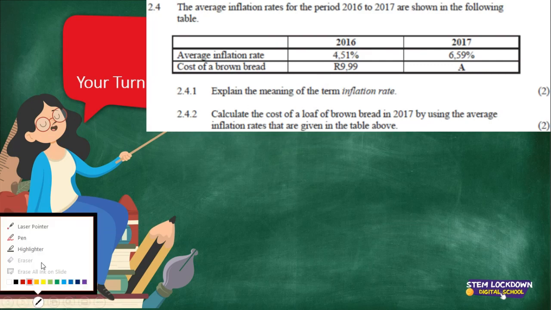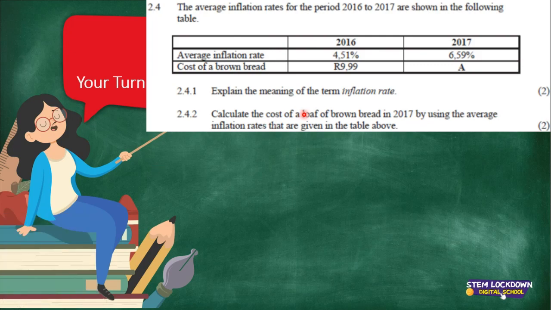Let me just use my pointer. You can see the 2016 average inflation rate was 4.51%, and for 2017, the average was 6.59%. Now, look at the cost of brown bread.